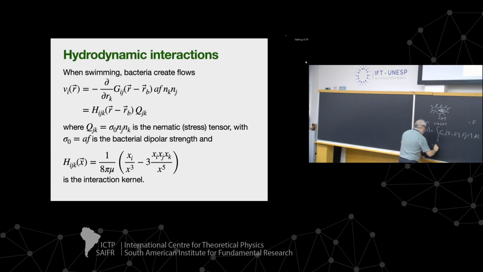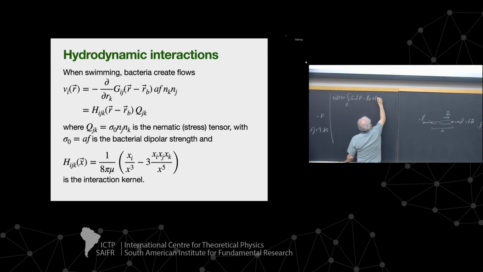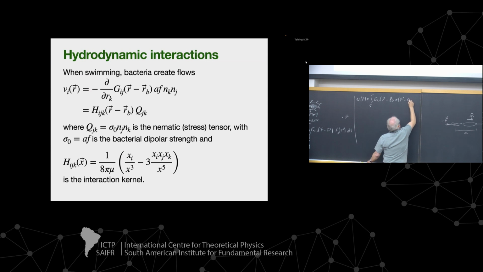So I can write it like this: B_i of R is the integral on the surface of G_ij (R minus R_B plus, no, minus) F_j. Simply, I add and I subtract the position of the center.